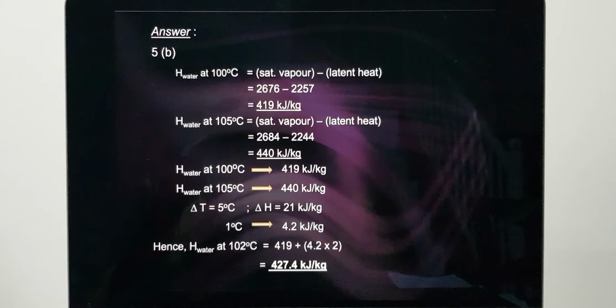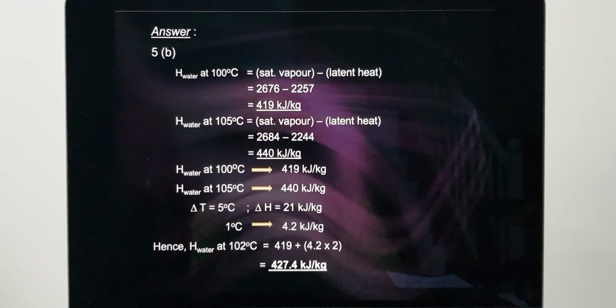Okay, and then example 2 is where you need to calculate the enthalpy of water at 102 degrees Celsius. For 102 degrees Celsius, the same thing goes. Again, we are going to use the steam table from attachment number 1. 102 degrees Celsius is located between 100 degrees Celsius and 105 degrees Celsius.